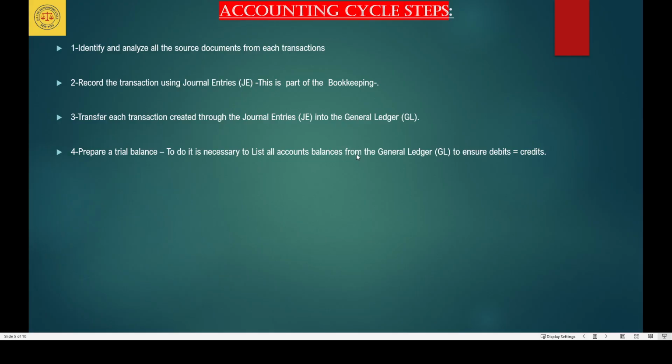One thing that is critical, and it has to be like that always, is that total debit should be equal to total credit. If not, something is wrong. The books are out of balance. So you have to start reviewing what's going on.